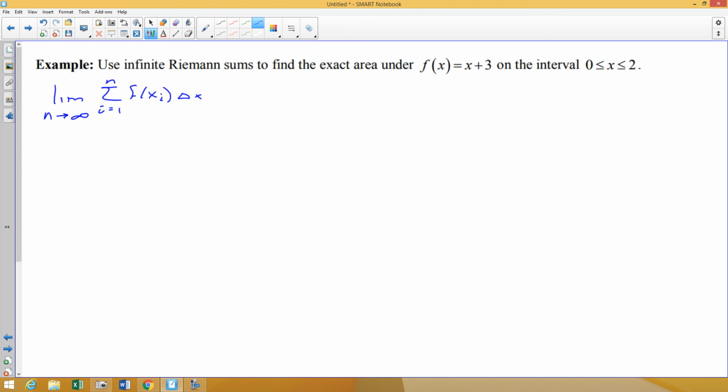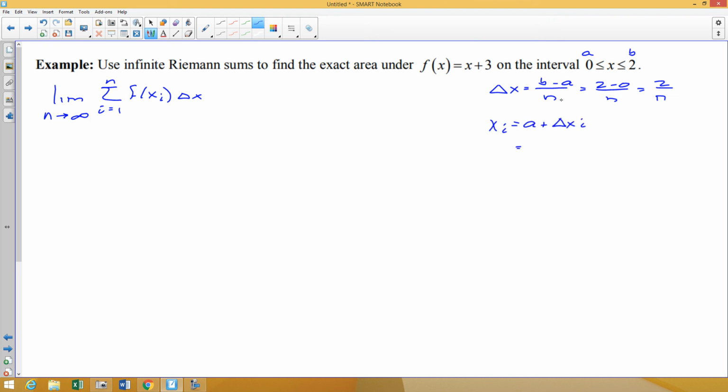times delta x. Except we know that delta x is b minus a over n. Well, a is 0, b is 2, so that's going to be 2 minus 0 over n, or just 2 over n. Right? And we know that x sub i is a plus your delta x times i.